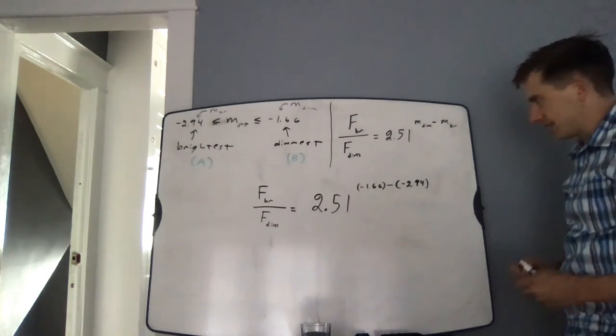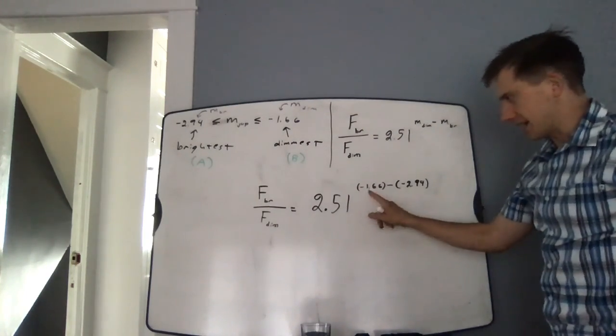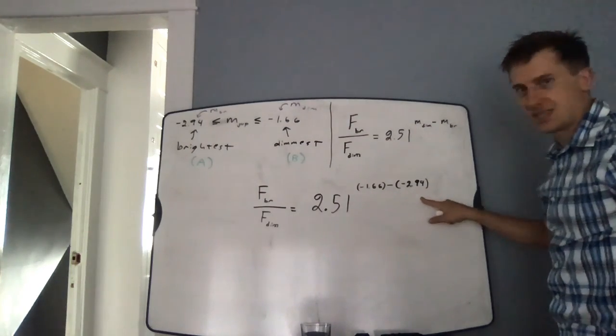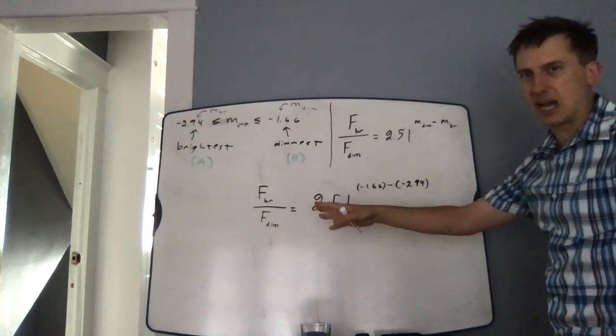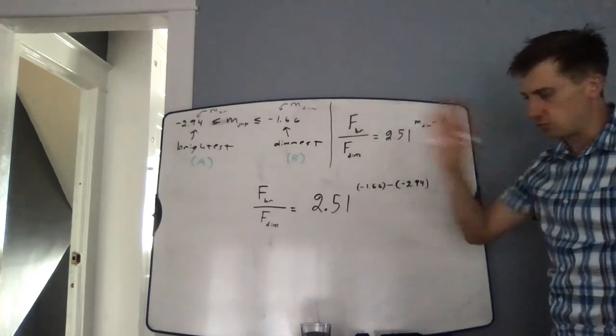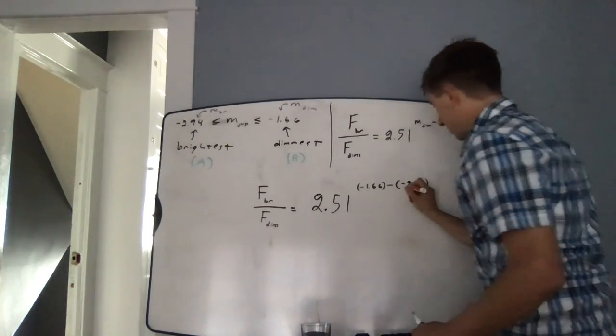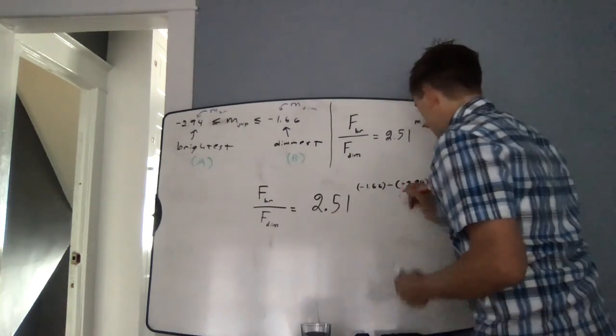Now, when I look at this, before I take any exponent, I first need to solve this, because in order of operations, you do exponents before multiplying and dividing, which you do before adding. So negative, negative becomes positive.